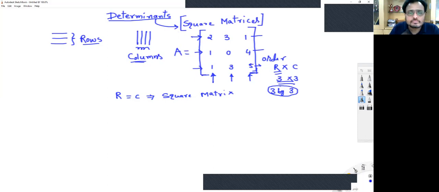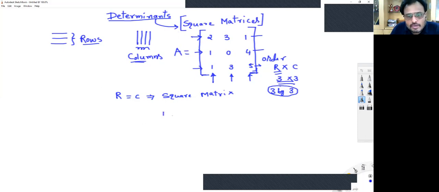Once again, square matrix means what? Where in the order the number of rows and number of columns are equal, such a matrix is known as a square matrix. Here I am going to give one more example.